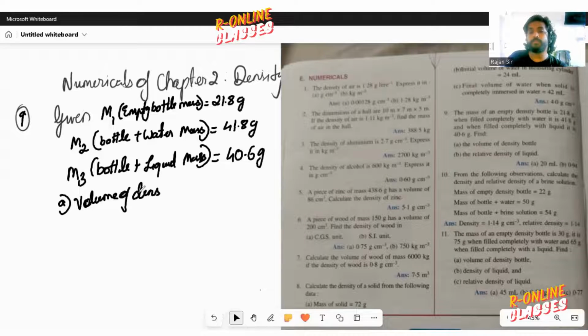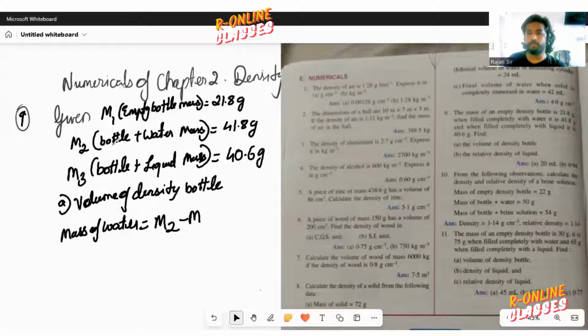So first, the volume of the density bottle. The first thing that you should do in the density bottle experiment is to find out the mass of water and the liquid. So the mass of water is M2 minus M1. Of course, bottle plus water minus bottle will be the water. So we have 41.8 minus 21.8, and that would be 20 gram.